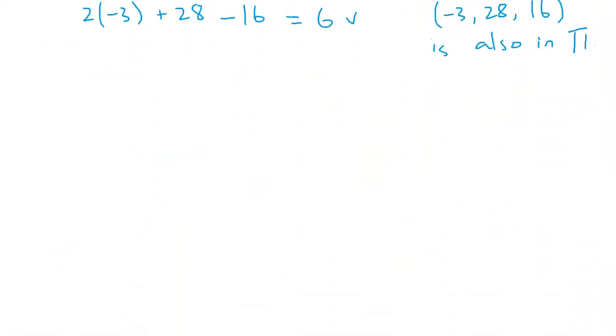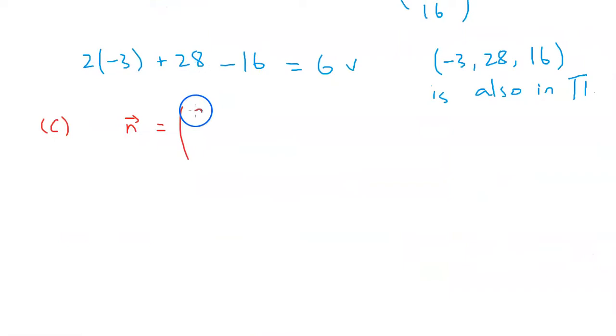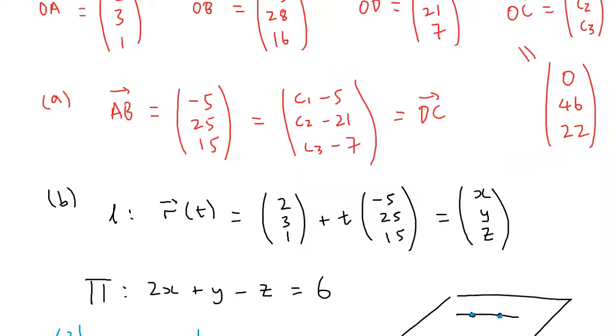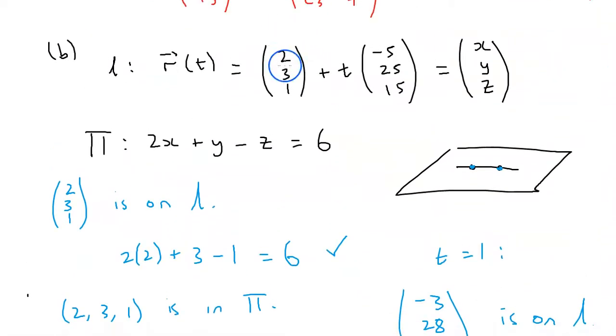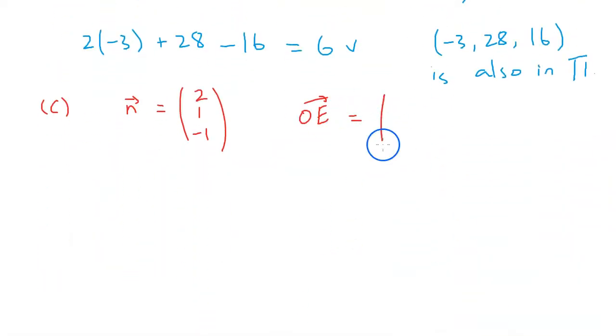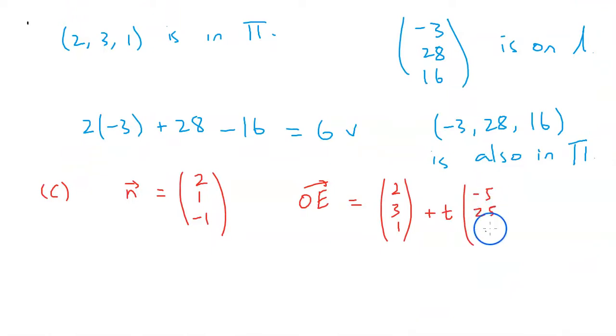Let me write some of these details down. Okay, part C. So we have the normal vector of pi, or at least a normal vector, is 2, 1, negative 1. We have this vector OE, which is apparently on the line L. So we know that OE is equal to 2, 3, 1 plus t times negative 5, 25, 15, for some value of t.